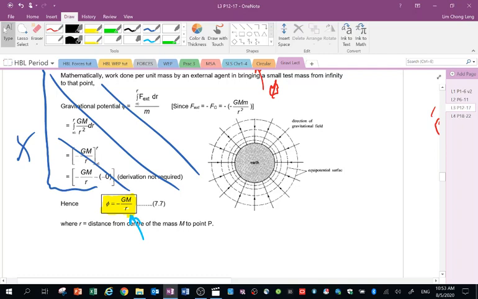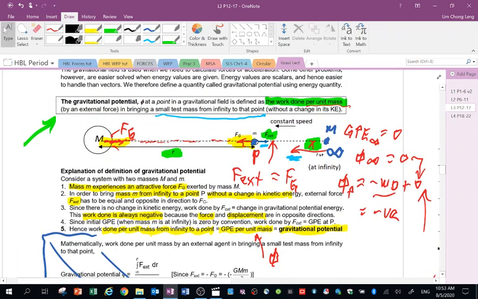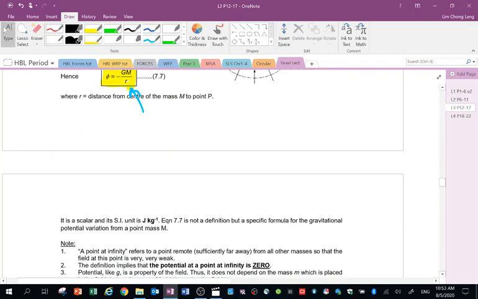For this very simple reason, we do not know how to measure X because X is actually a theoretical concept that we measure from a point called infinity, and that point infinity is not well defined. So therefore we have to use R instead. So memorize this equation because subsequently we have to apply it.